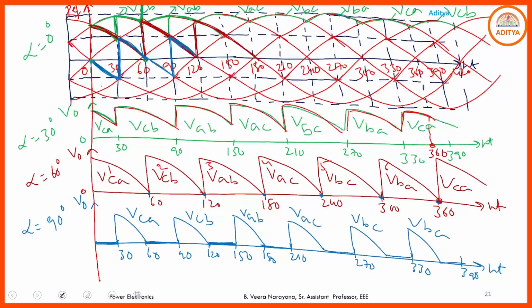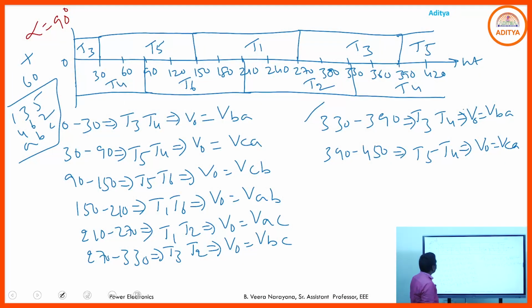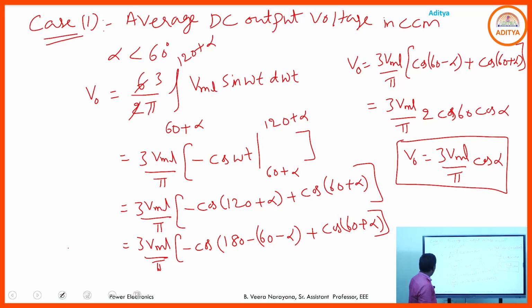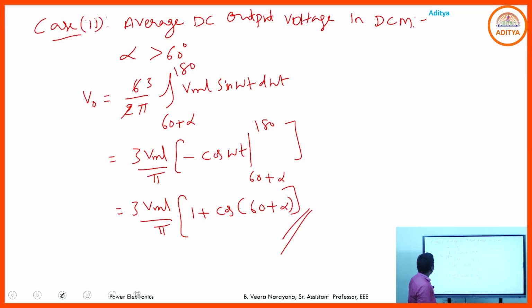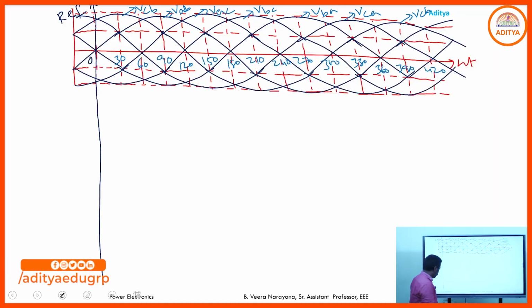So here this is the output voltage waveform for alpha is equal to 90 degrees. Now we go with alpha is equal to 90. Here we have the timing diagram, right? Now I just want to draw the output voltage waveform here.